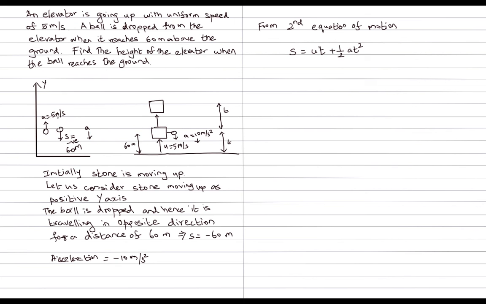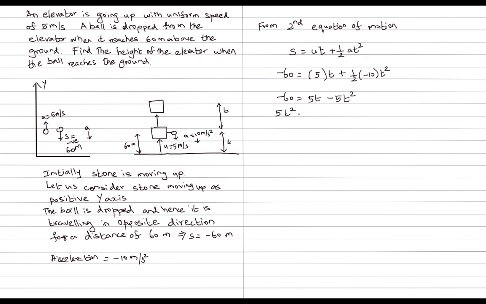Now the stone is coming down, so S is equal to minus 60. Minus 60 equals 5 meters per second, that is positive because we have taken the stone moving up as positive, plus half into a, which is minus 10, t squared. Minus 60 equals 5t minus 5t squared.